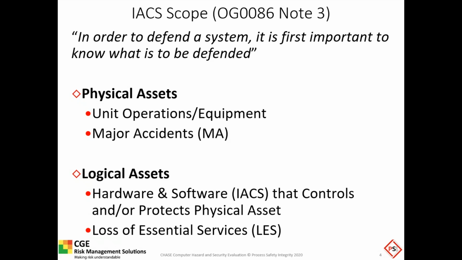And they may be vulnerable to attack or degradation that could lead not necessarily directly to a loss of containment, but a loss of control could lead to losing an essential service: water supply, power, telecommunications, etc. So although the Health and Safety Executive's objective is to focus primarily on major accidents, the UK government is sensitive to the more strategic needs of making sure that the lights don't go out.